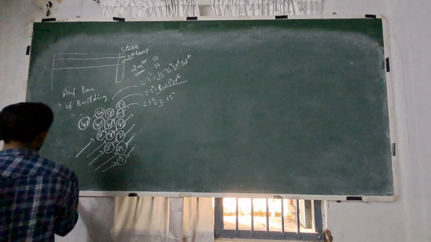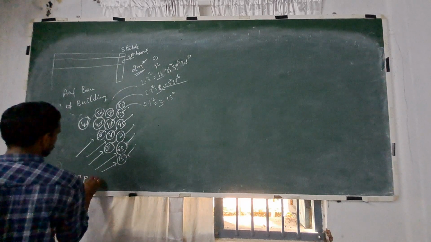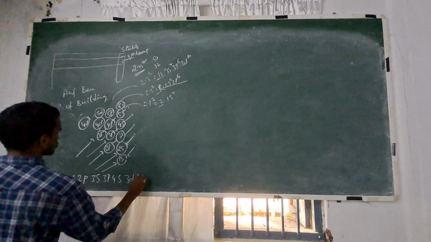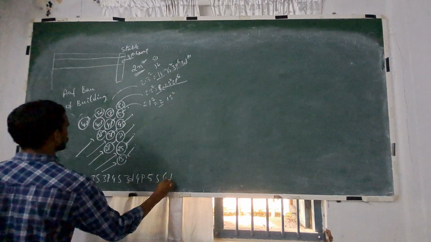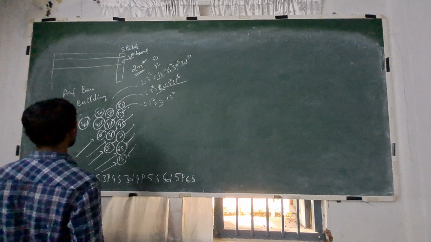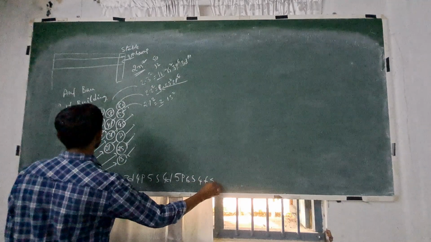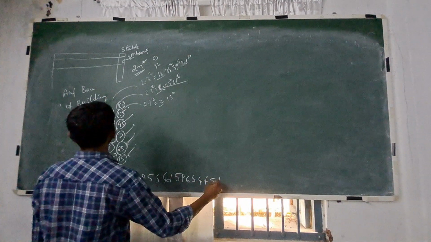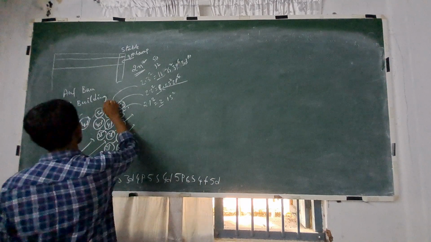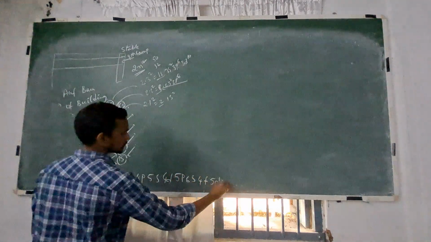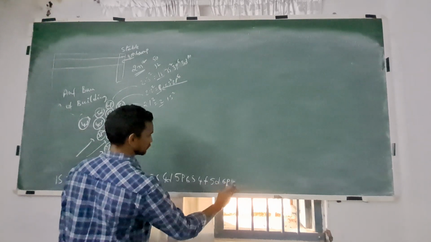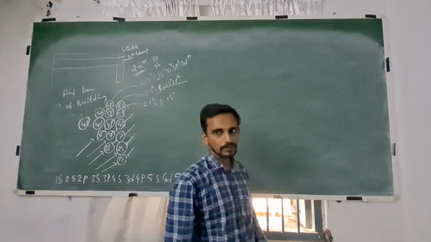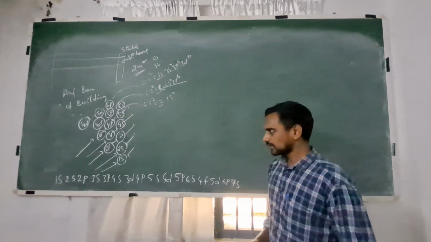So order చూడండి, 1s, 2s, 2p, 3s, 3p, 4s, 3d, 4p, 5s, 4d, 5p, 6s, 4f, 5d. This is the order of filling.